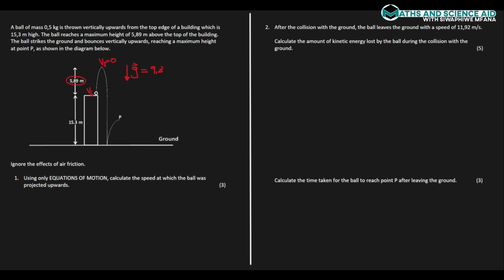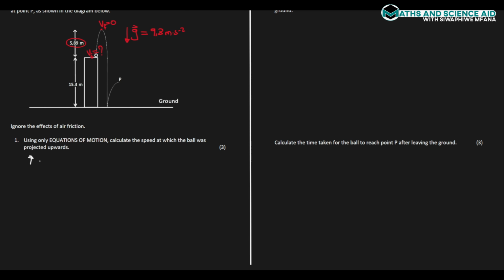So what we can do is choose an equation of motion that can allow us to calculate this initial velocity using the information that we have. Additionally, always remember to choose and indicate your positive direction just before you start with your calculation. For example, we can take upwards as our positive direction.